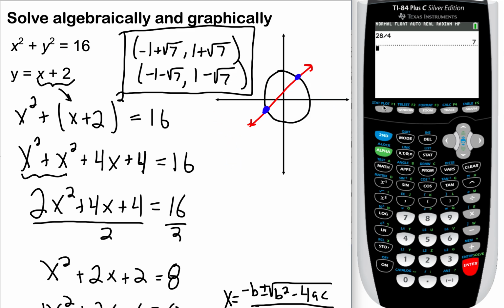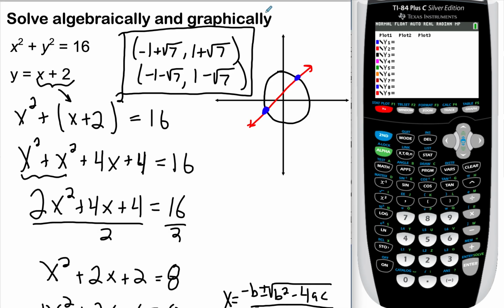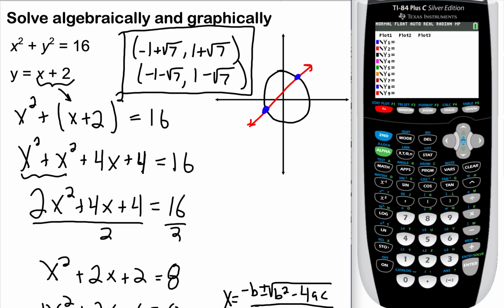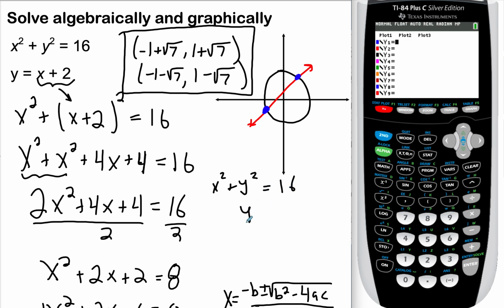Now to graph it. Remember, these are generally in a situation where they're solved for y, so this is not having y alone. We have x squared plus y squared equals 16. We need to get y alone, so we subtract x squared on both sides and take the square root.